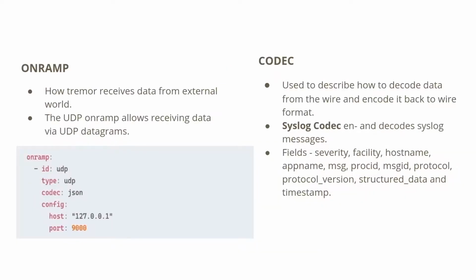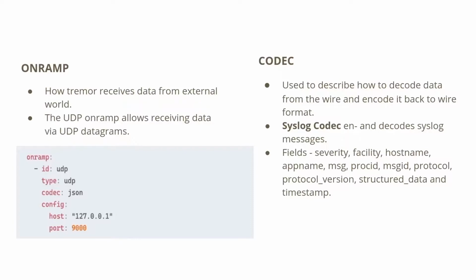Now Tremor has on-ramps for receiving data from the external world. So the UDP on-ramp already supported receiving data via UDP datagrams. Now it was needed to convert these data, or syslog messages, into Tremor's internal representation, or a proper structured value.